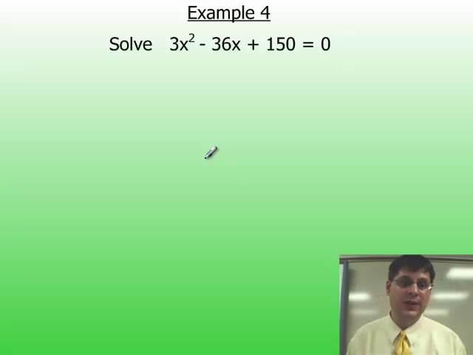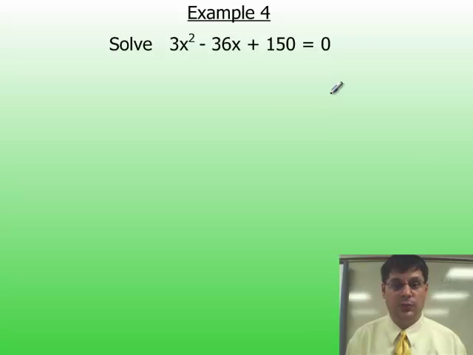But before I do, I really should be looking for a greatest common factor first. Like any other trinomial we factor or solve, we should be looking for GCF first. And there is one. Now, instead of factoring out the GCF, we're going to just divide it out, because the GCF here is not going to help us find any values of x, since the GCF is just a constant.